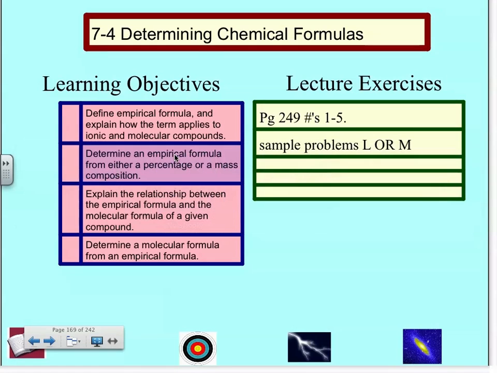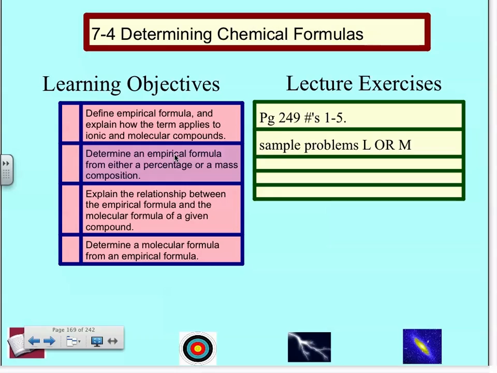And what was our other objective? Explain the relationship between the empirical formula and the molecular formula of a given compound. The relationship between the molecular formula and the empirical formula basically is the equation represented on page 248.